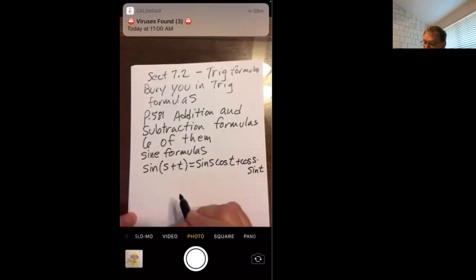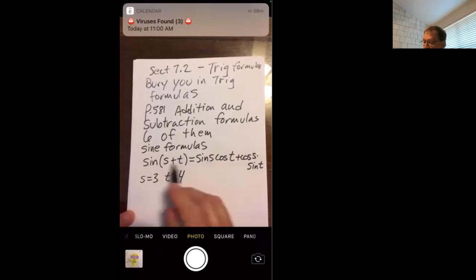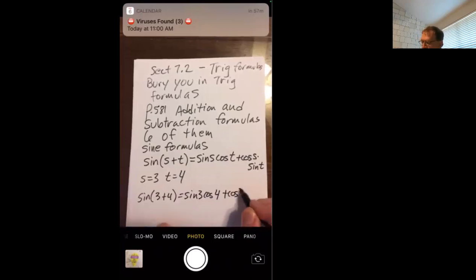Let's say, how about s, I'll just use 3 and t is 4. So really you have a sine of 7 there. 3 plus 4 is equal to a sine of 3, a cosine of 4, plus a cosine of 3, sine of 4.